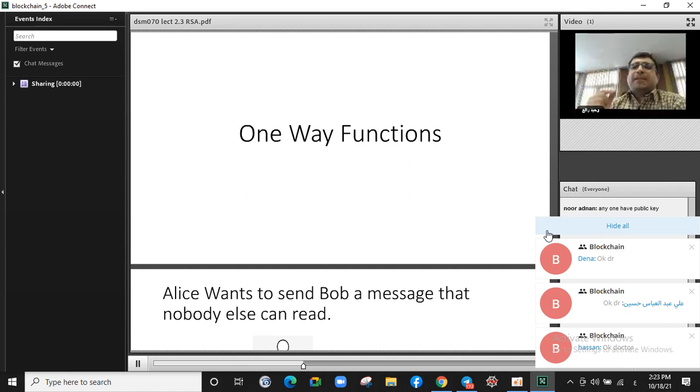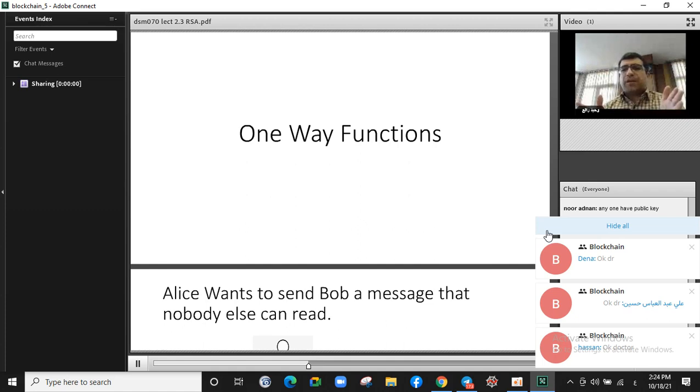One-way function means calculation, for example encryption of a message, is simple, but without the necessary keys, it's very hard or even impossible to find the input from the output, like hash functions.